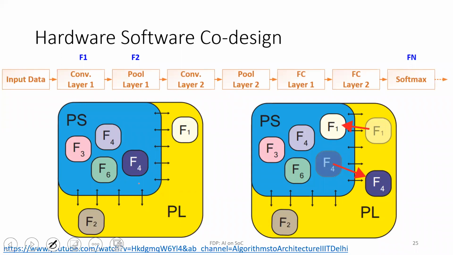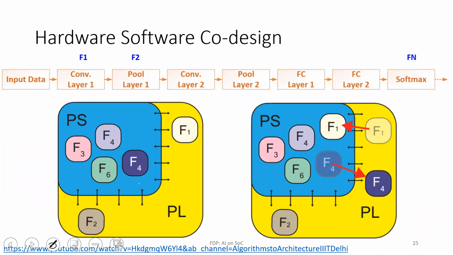You have different layers, and you need to decide which layer goes where. For example, we have tutorials on the 4th and 5th day where we'll discuss how to map the convolution network layer on the FPGA and keep your fully connected layer on the processor itself.